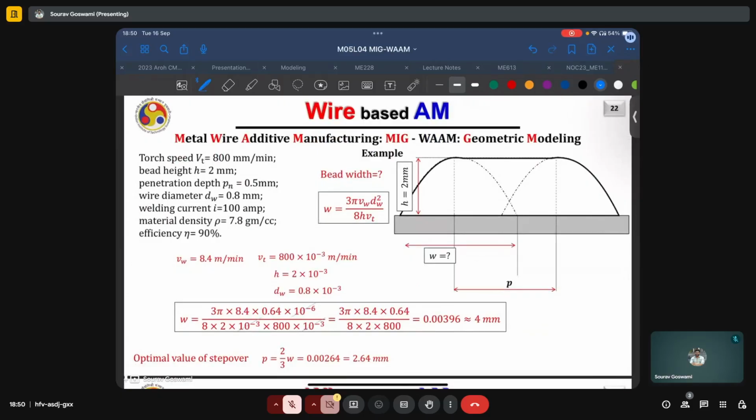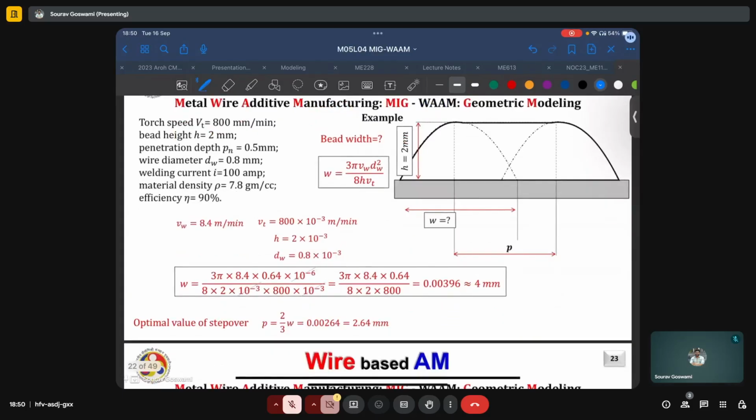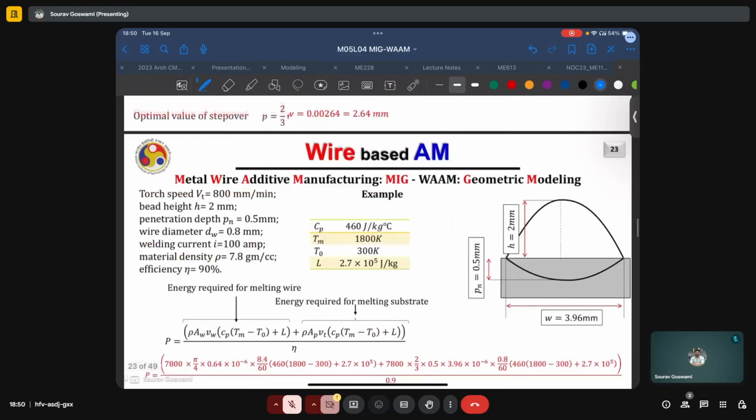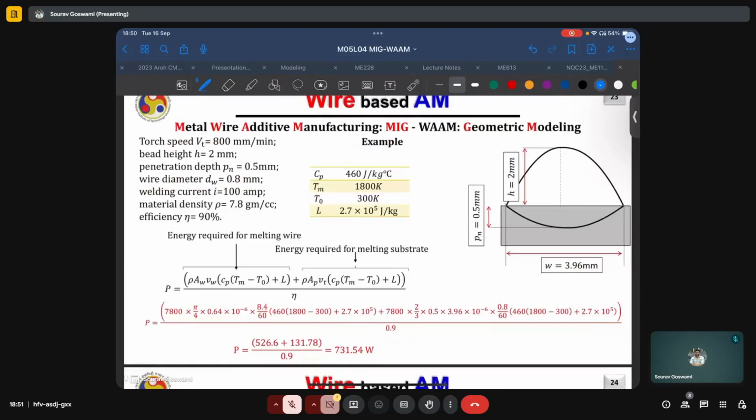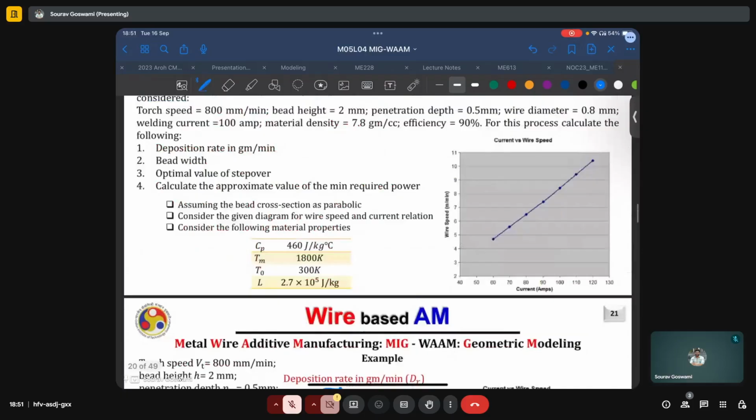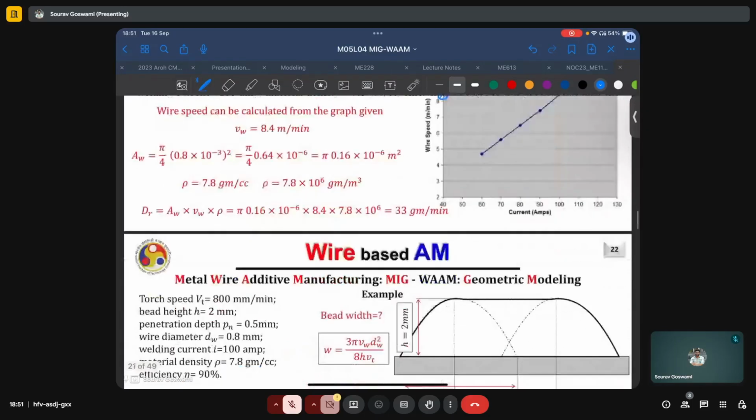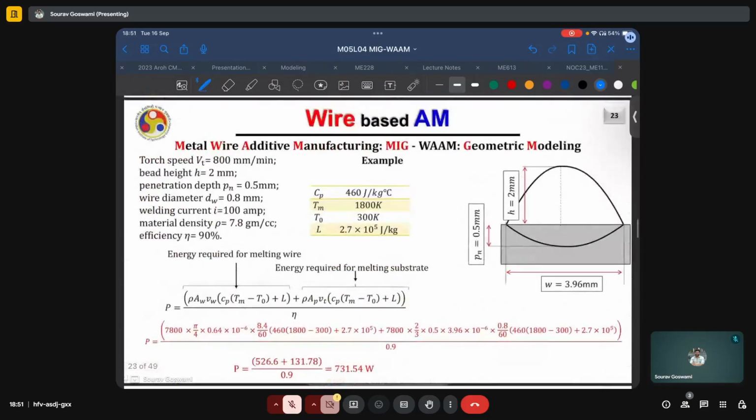Similarly, we can find the bead width from our earlier relationships, which comes out to be approximately 4 mm. The optimal value of step over will be 2/3 of this, which approximately comes out to be 2.64 mm. And then the approximate power, the minimum value of power supplied to this will have two components, or there are two energy transactions in this process.